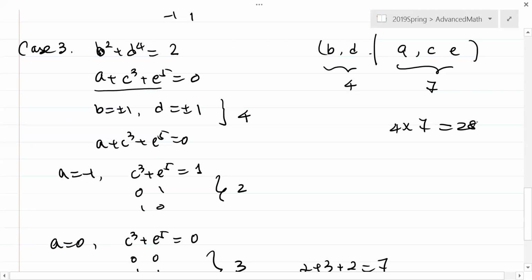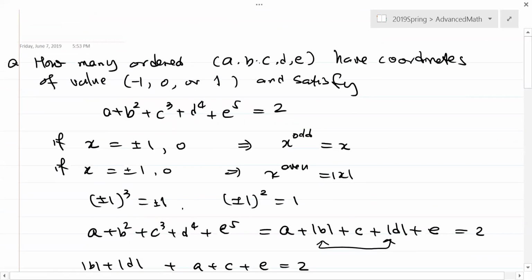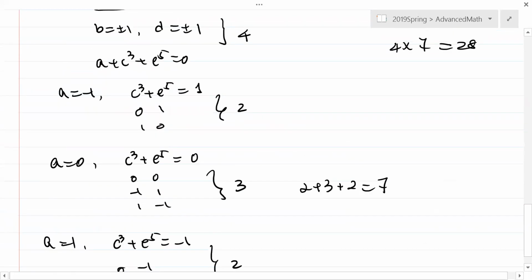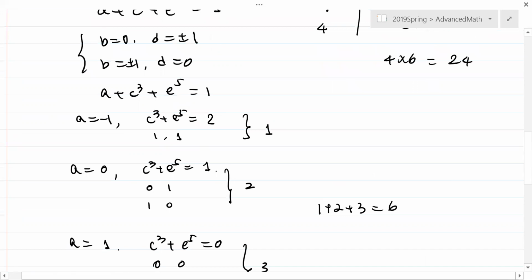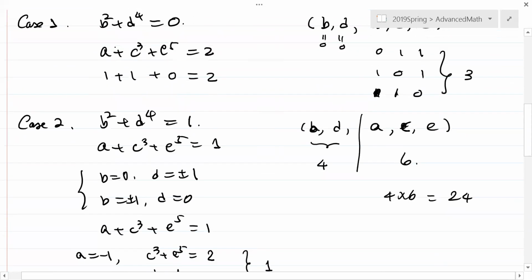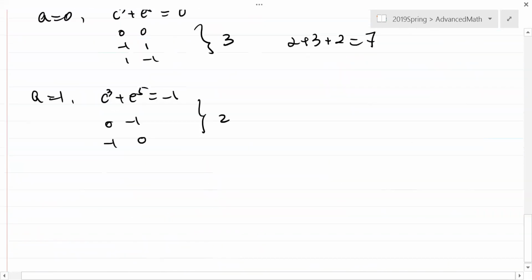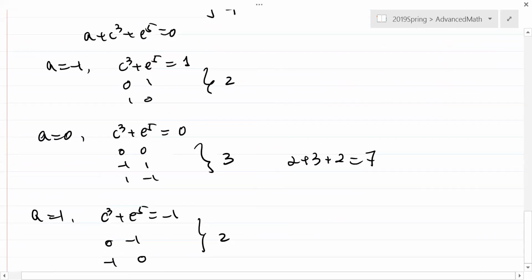Okay. So each case you figured out is a total possible number of solutions. Then add them together. The first one you have 3, 24, and 28, I think, yeah.